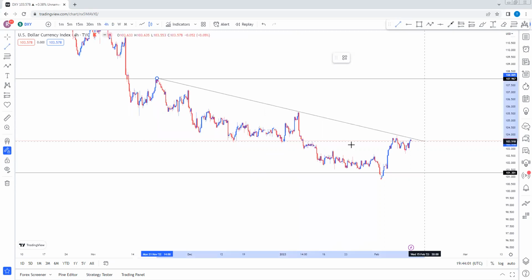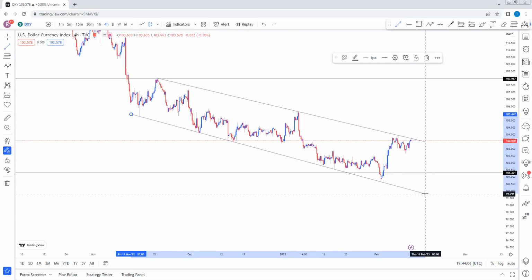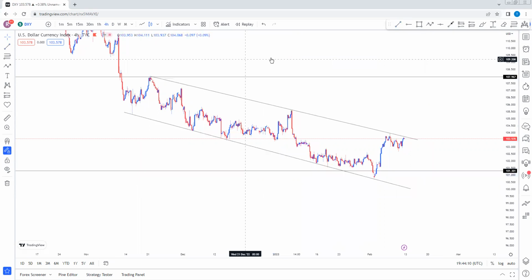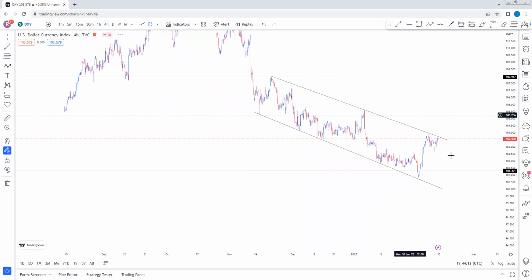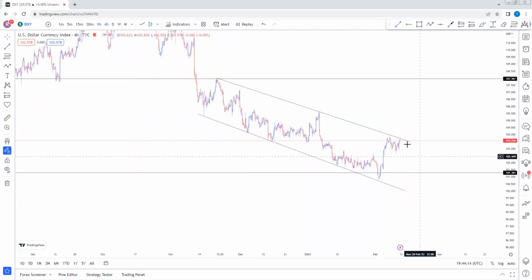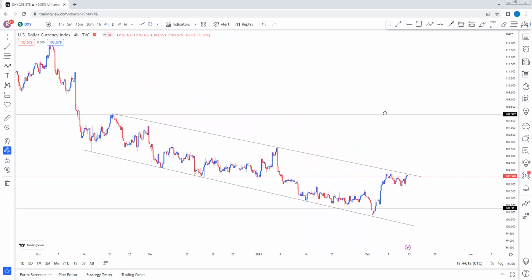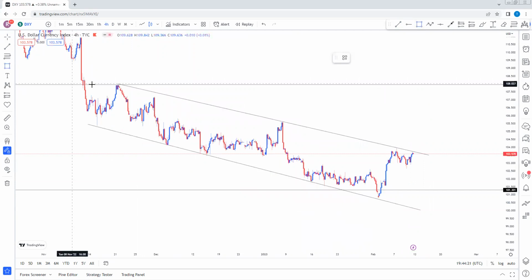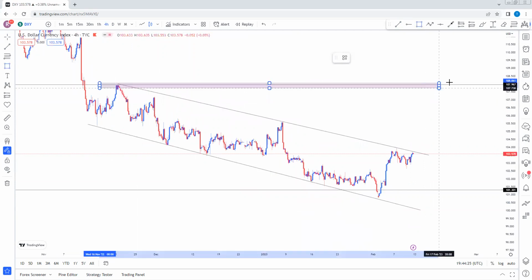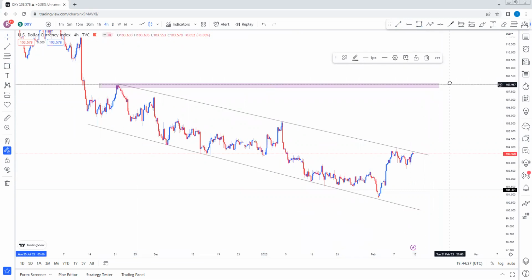You also have this, and let me put it there. We have a descending type of formation, which means the market has to reverse and change direction, start shooting to the upside to fulfill that 90% rule of our pattern, our descending channel.